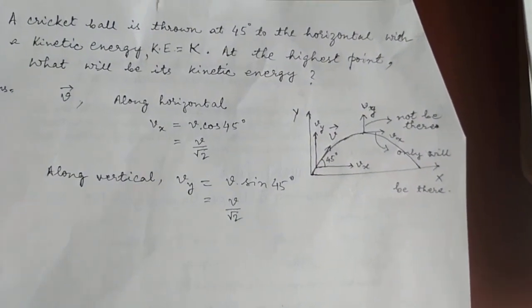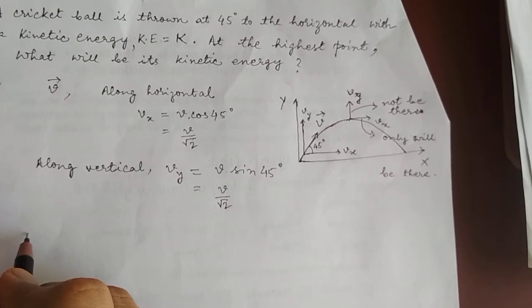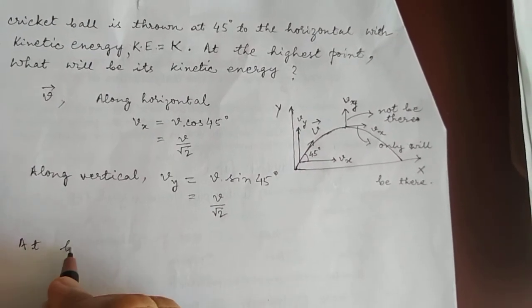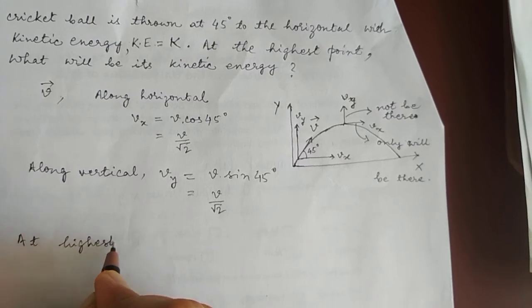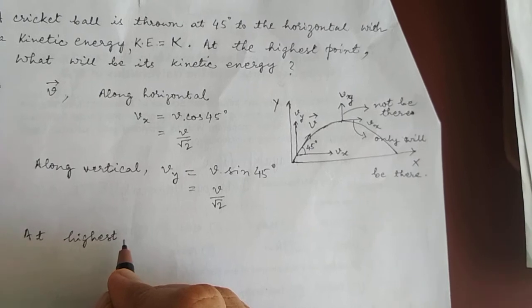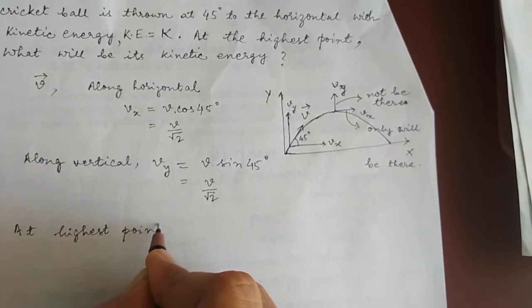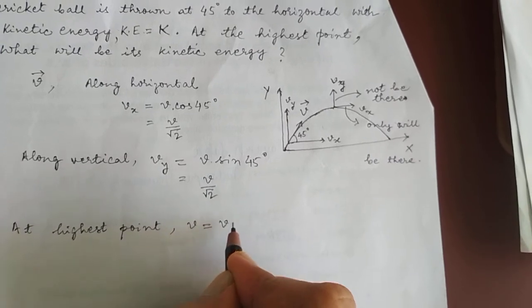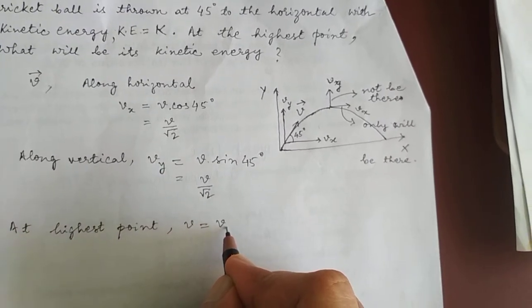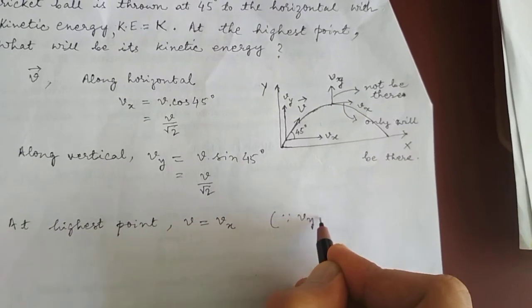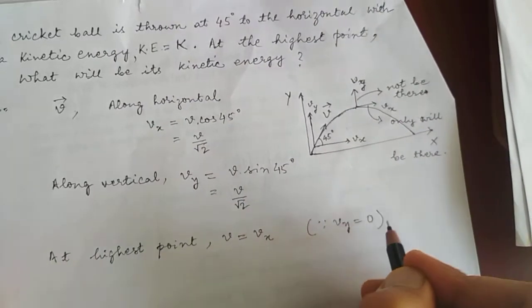So what we write is, at the highest point, which is where we require the kinetic energy, V is equal to only Vx, since Vy is equal to 0.